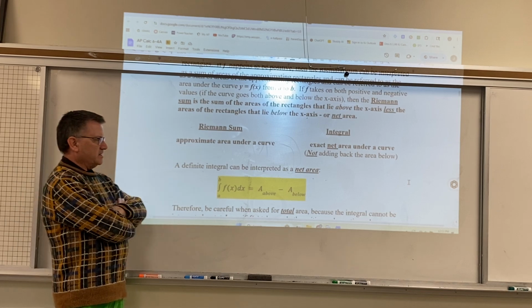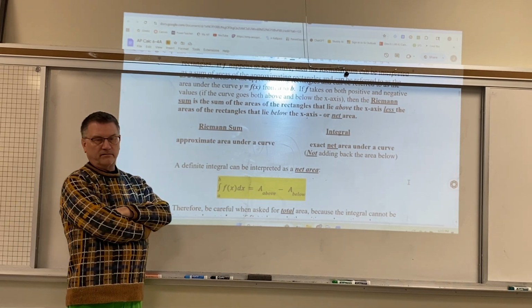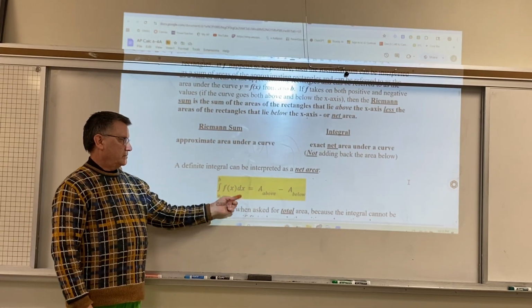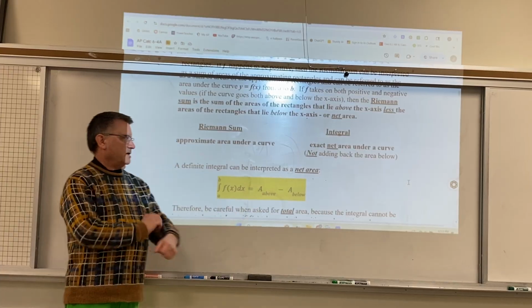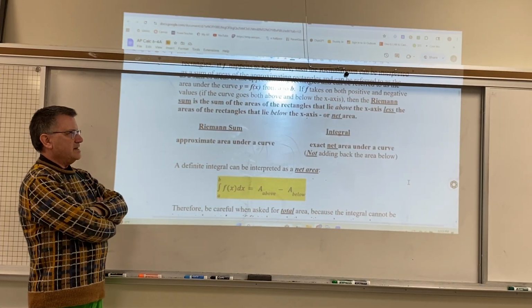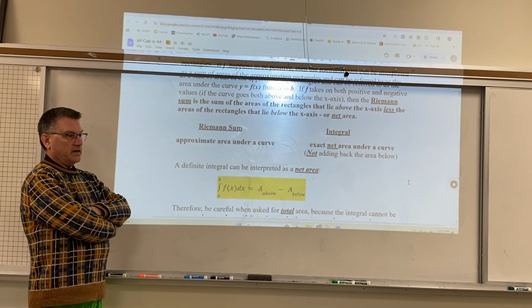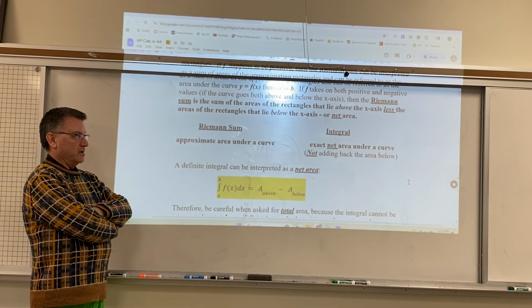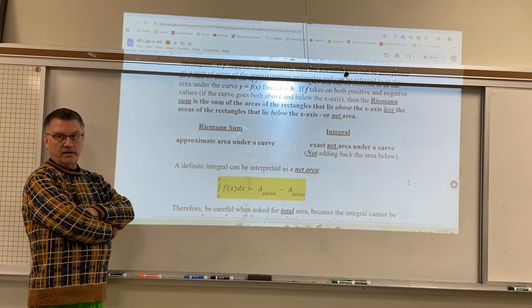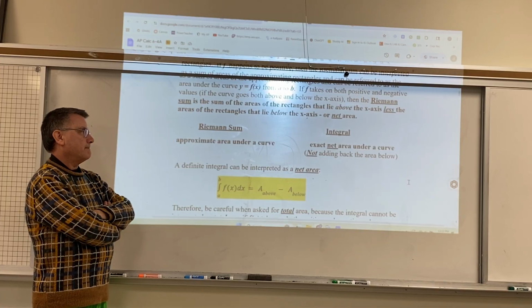So when I take a definite integral, here is what it's giving me: the area above minus the area below. It's giving me the net area. We may be able to take an exact value of this net area. When I do, it's still going to be net area.